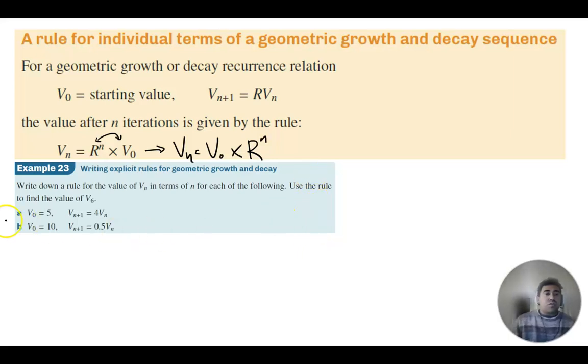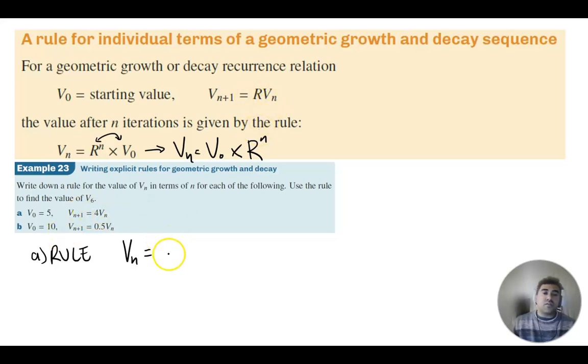So what we're going to do is write the rule for these two recurrence relations that are geometric, and then use this rule to find the value of v of 6. So for the first one, A, our rule, and this is what you're going to copy down now under your space, assuming you've printed this out, will start off with v of n is equal to, now we need to know what the multiplicative factor big R is.